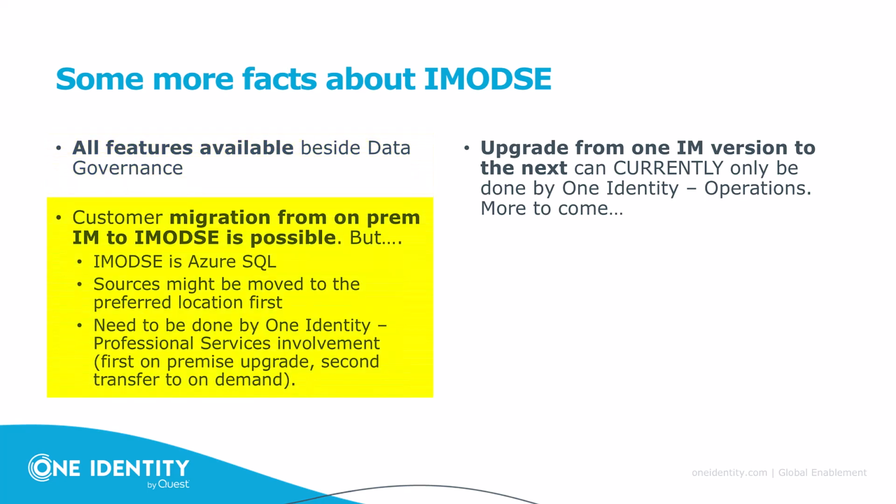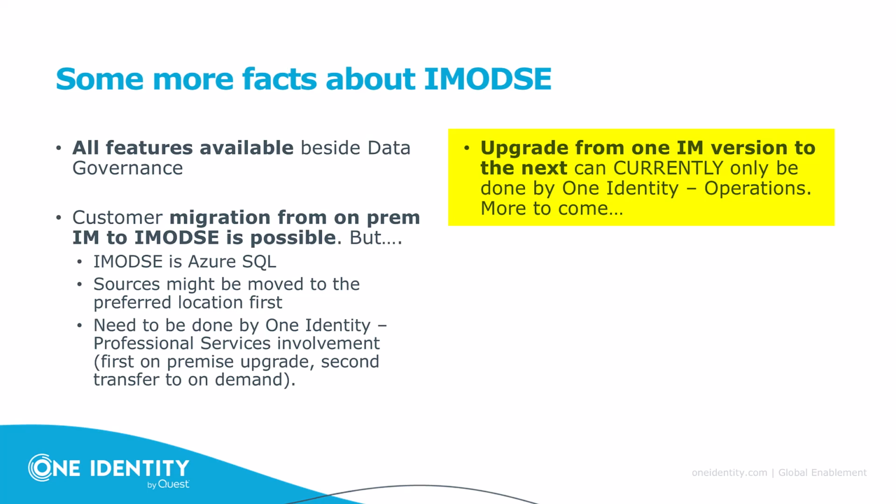In case a customer wants to migrate from on-prem to the cloud version, it is totally possible, but requires the help of PSO, as the on-prem database requires some customization that needs to be adapted to be allowed to use in the cloud. That requires PSO help.